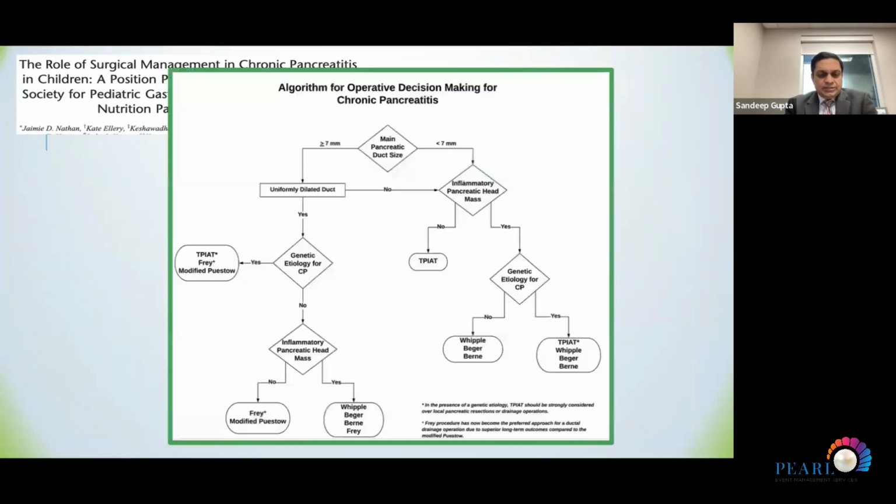And there's a very nice algorithm on operative decision-making for chronic pancreatitis, starting off with the pancreatic duct size and what are the findings on imaging, going to TPIAT or drainage procedure or Whipples. So it's a nice algorithm to get started when considering surgical management for a patient with chronic pancreatitis and how to start the journey and the discussion with the family.